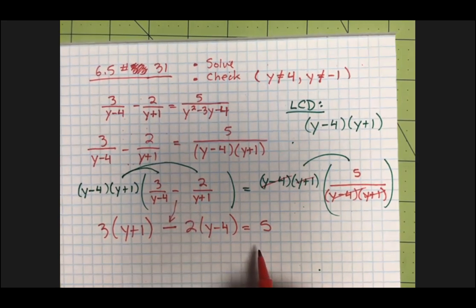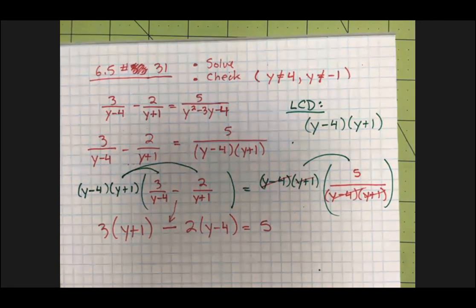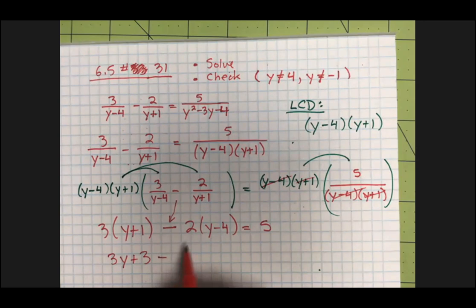Now that I've done this, I'm happy because I got a problem with no fractions in it. Let's multiply it out. 3 times y plus 3. Minus 2 times y. And minus 2 times minus 4 is plus 8.